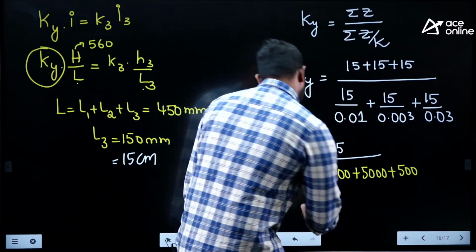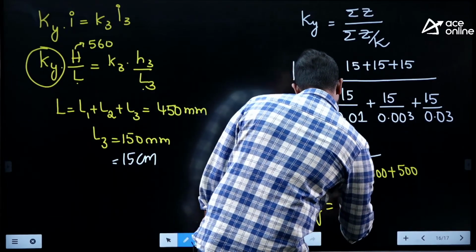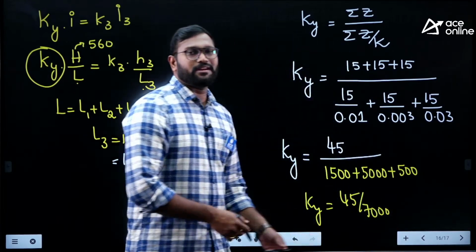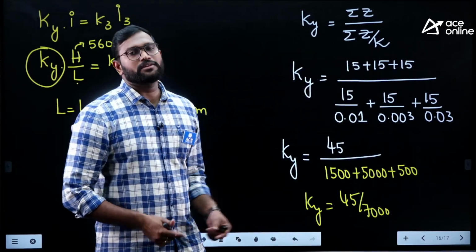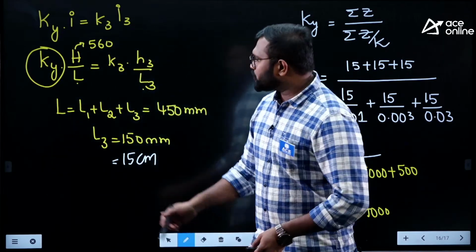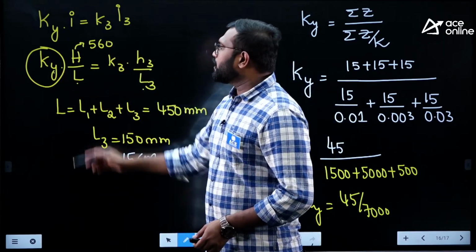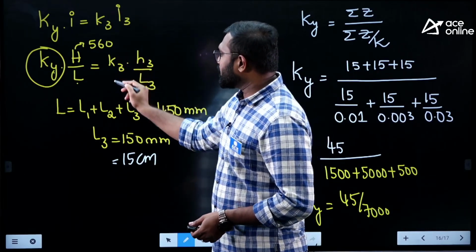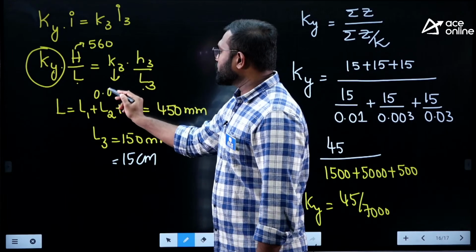So 45 by 7000. Here you need to do calculation, right? Without a calculator, I cannot solve this one. Now you find the ky and substitute it here, and you find the h value. The h value is there, the L value is there, K3 is also there. What is K3? 0.03.